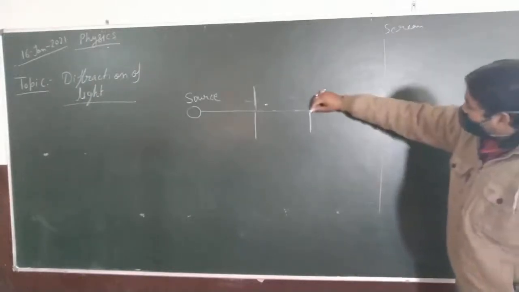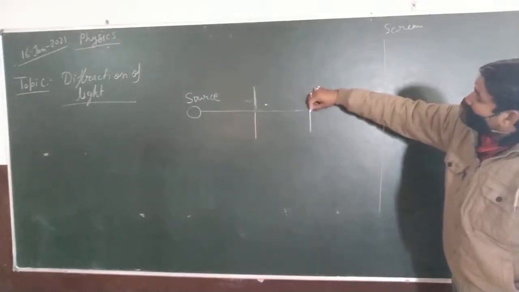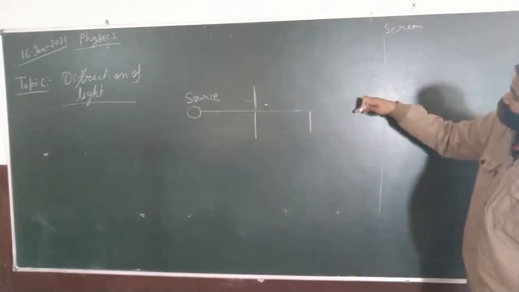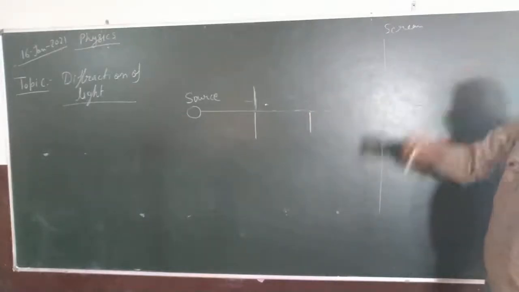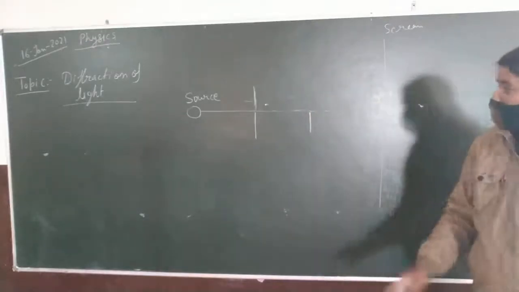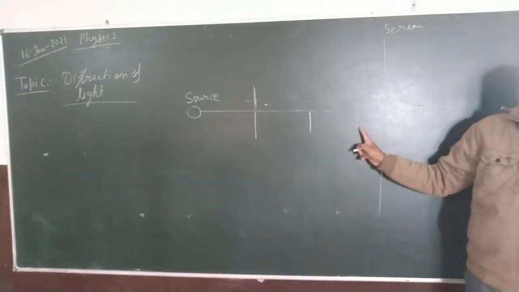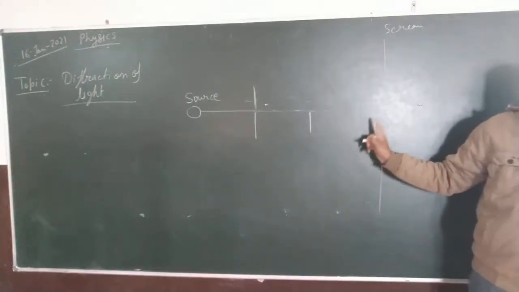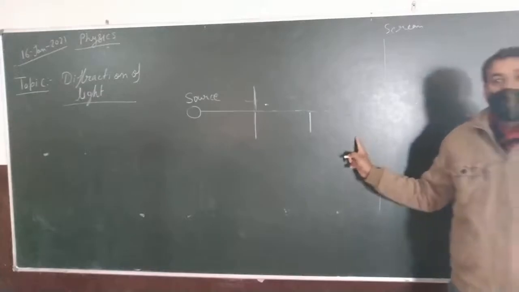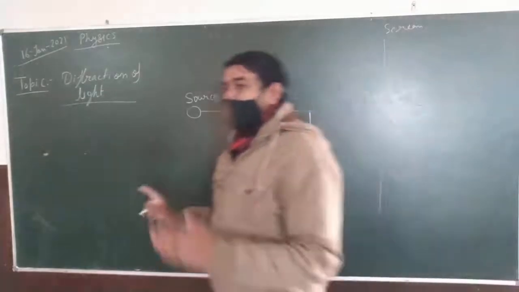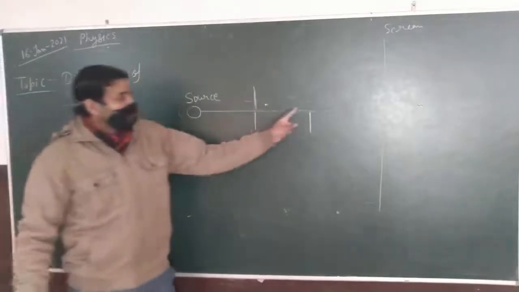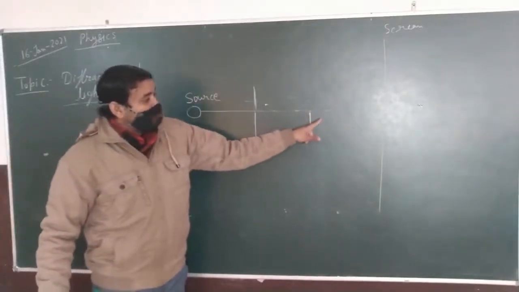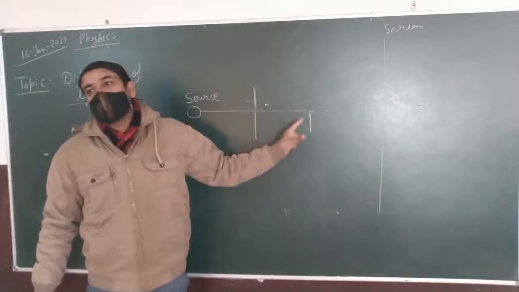So the light does not actually pass from here, but after the obstruction it bends toward this point. This bending is called diffraction, when an obstacle is placed in the path of light. The bending of light is towards the shadow of the obstacle.